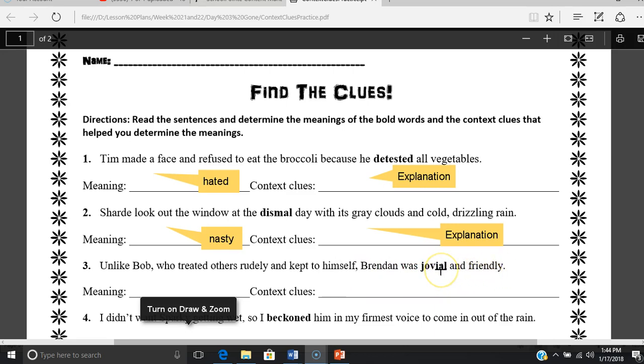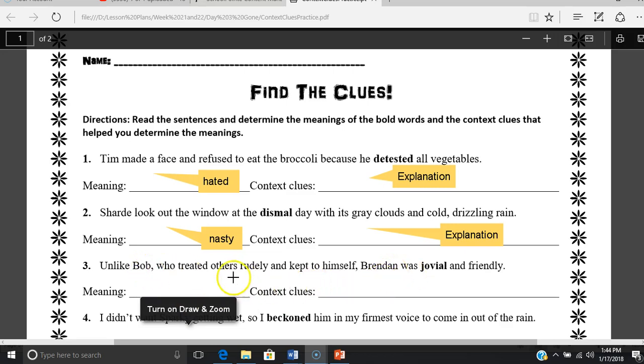If I'm trying to figure out what jovial means, I see that there is an antonym here, rude, and it says that he wasn't like that. And then I also see a synonym here, friendly. He was friendly.